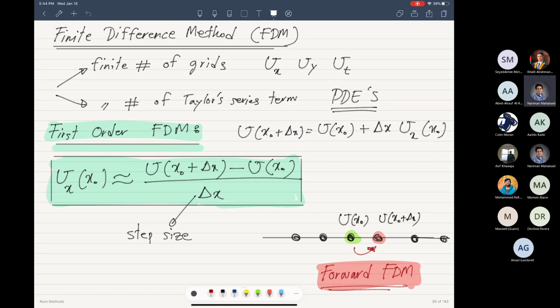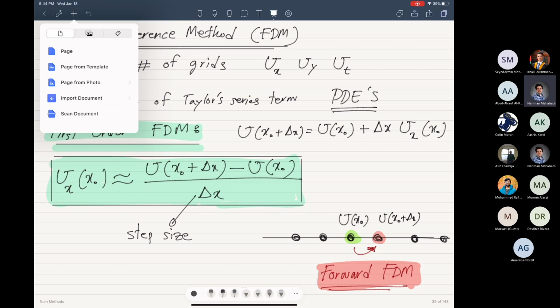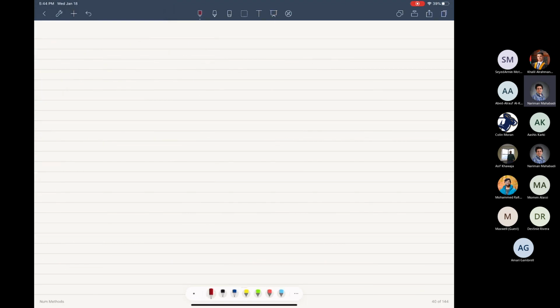Okay, let's do a very simple example together. I think by now you might be confused, but once you solve this example, you should have a better idea. This is example 1. Let's say I have an unknown function and the analytical solution is given: u of x, when the unknown function is just a function of x, is equal to x squared.